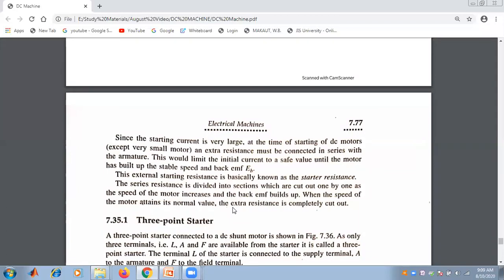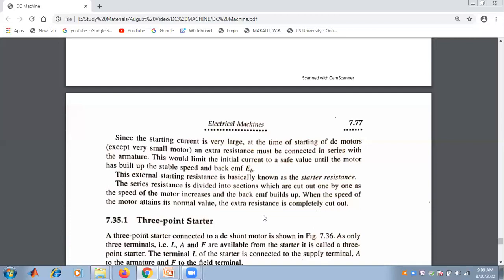At the starting of a DC motor, as the current is very large, extra resistance must be connected in series with the armature. This would limit the initial current to a safe value until the motor has built up a stable speed and back EMF EB.